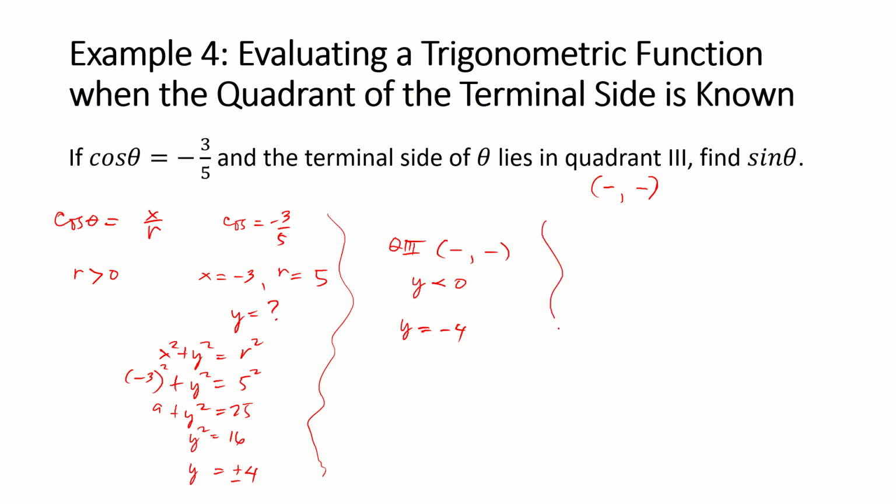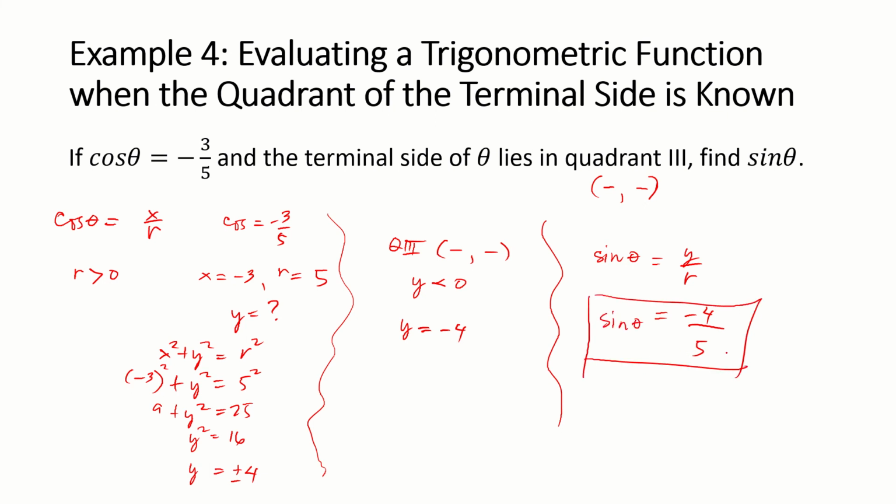Then that's the last step, we can already figure out our sine. Sine theta is equal to y over r, where y is equal to negative 4 and r is 5. So our answer is negative 4/5.